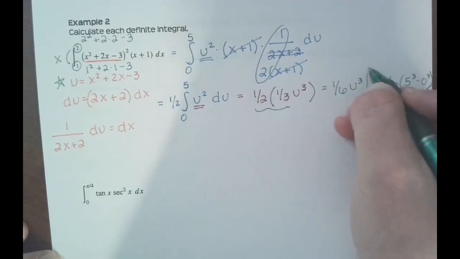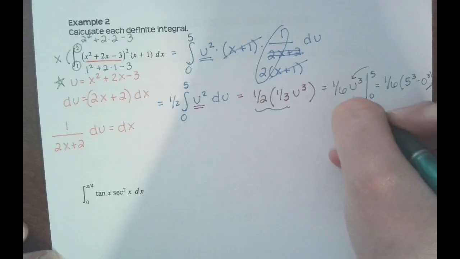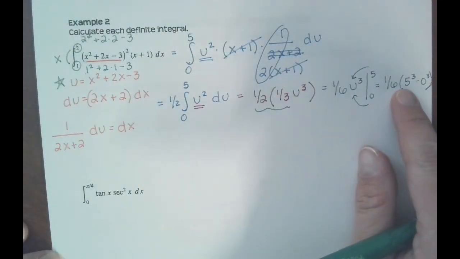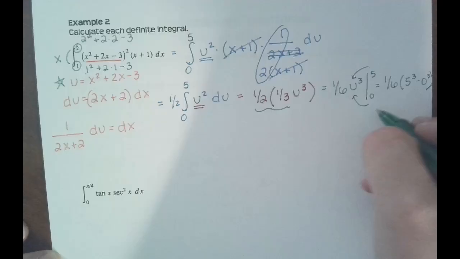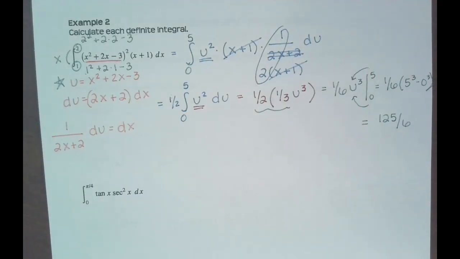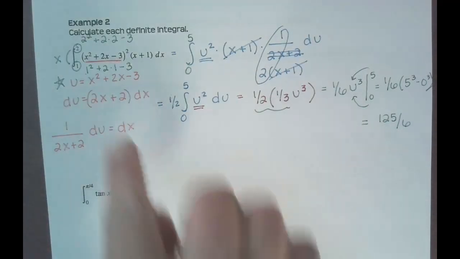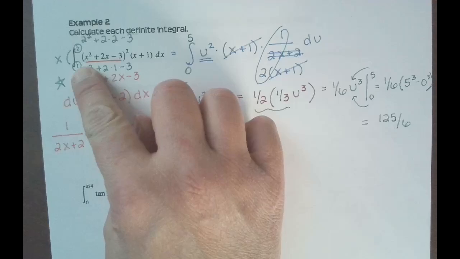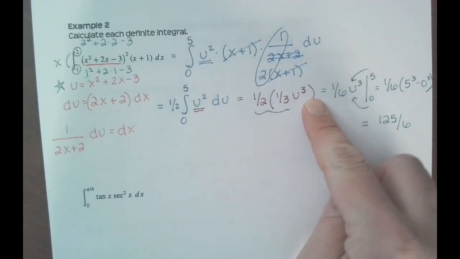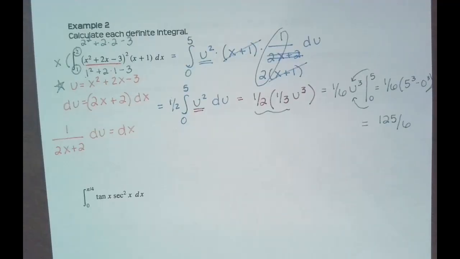So I'm just plugging in the 5 for u and the 0 for u. Well, 5 to the third is 125, and then times 1/6 would just give me 125 over 6 as a final answer here. So the only new thing today is convert your endpoints to u values and then stop before you plug your u back in. That's where you can just plug numbers in now instead.